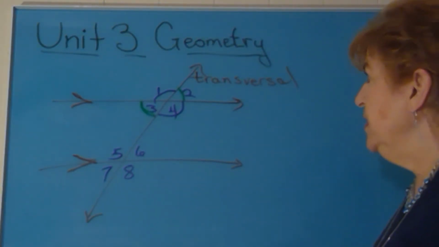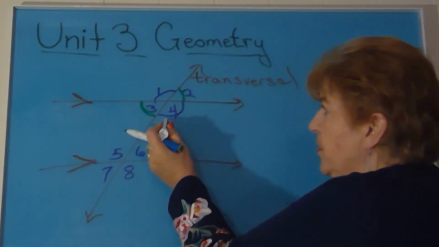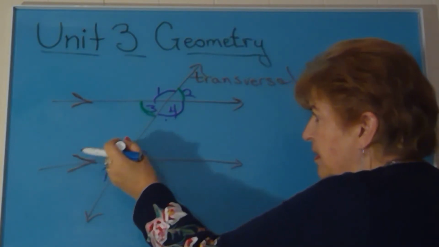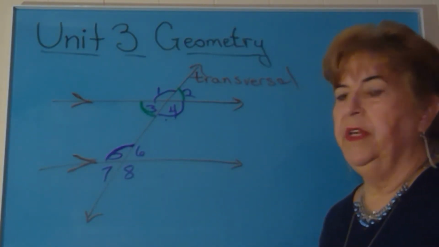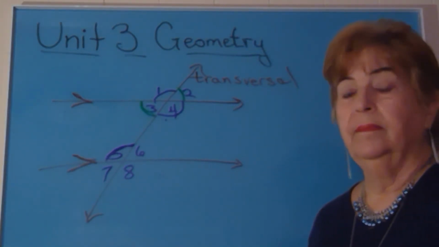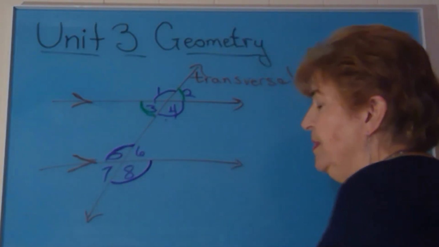Because we originally said that the lines were parallel, I know that angle 4 and angle 5, they're called alternate interior, but the important thing is they're equal, which means that 5 is the same as 8.